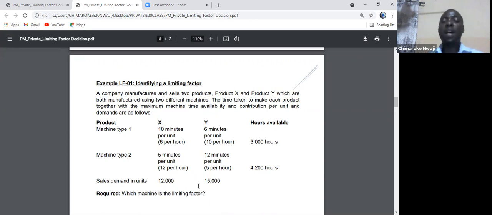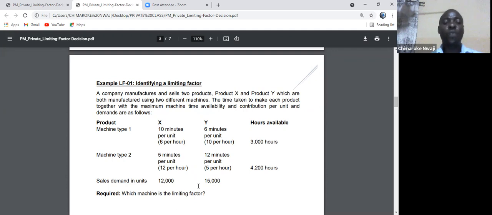How many hours are available for machine type 1? You have a total of 3,000 hours available. Now let's look at machine type 2. 5 minutes is being spent on machine type 2 making 1 unit of X. So if you keep making 1 unit of X every 5 minutes, by the time you get to 60 minutes you would have made 12 units of X in just 1 hour.